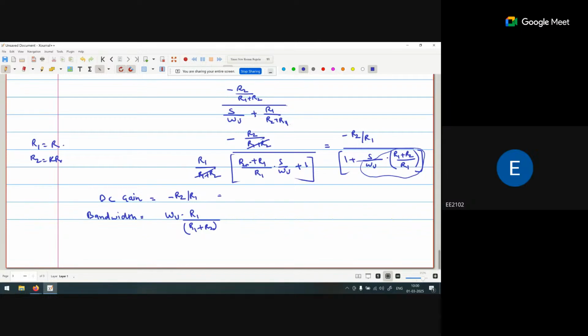If we use the same notation, the DC gain is minus K, which becomes positive because we are taking the magnitude, and the bandwidth is omega u upon K plus 1. So don't be confused with that. We are using R1 and R2, and the professor will be using R and KR.